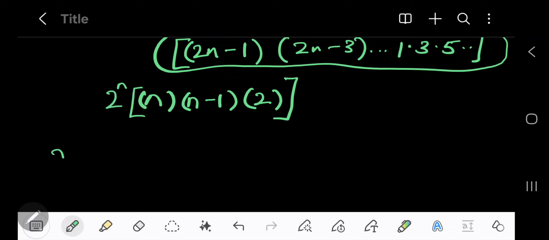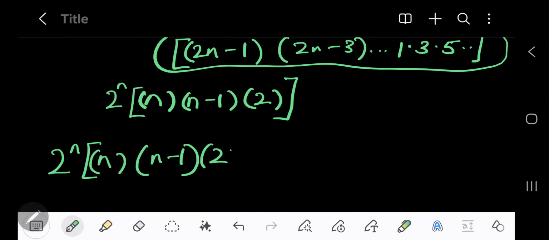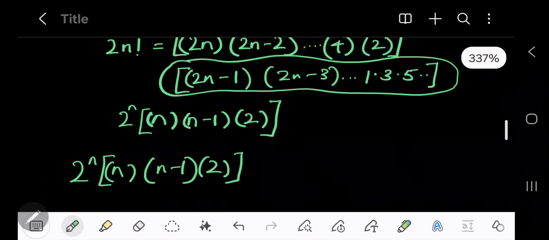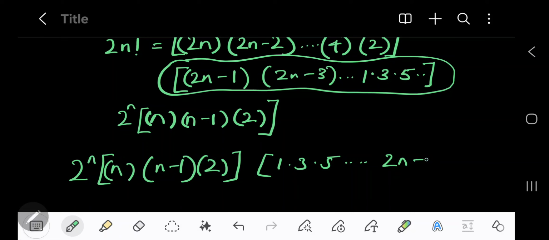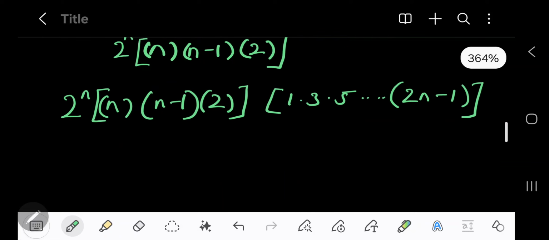The even side will be this, times the odd side, which is this thing. I'm going to remove 2 into n minus 3 here, because we don't have that in our original equation, and all I'm going to keep is 1 into 3 into 5 up to 2n minus 1. That's what we have in our original equation.